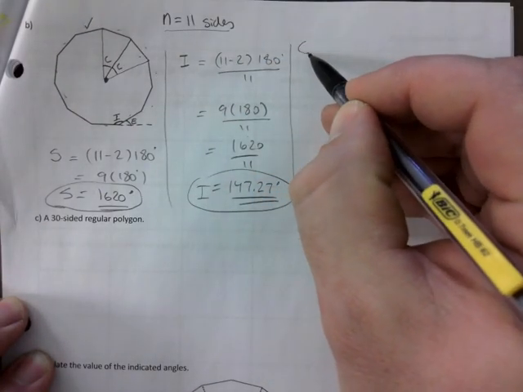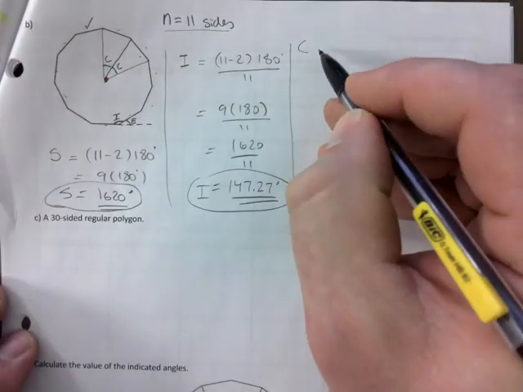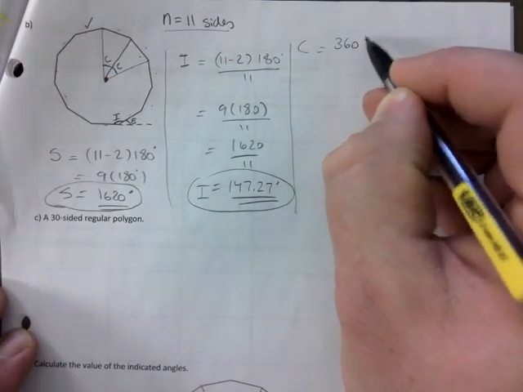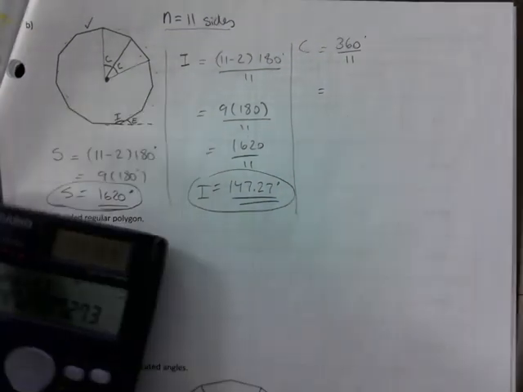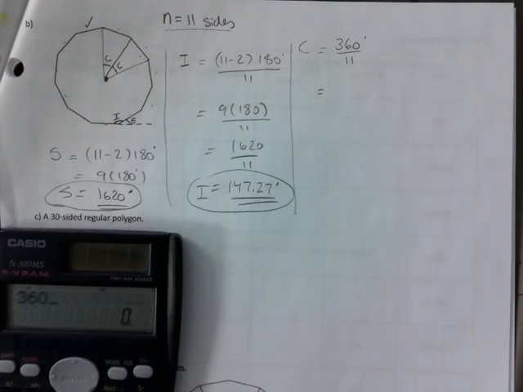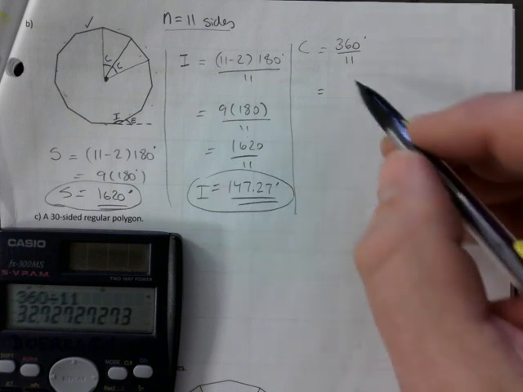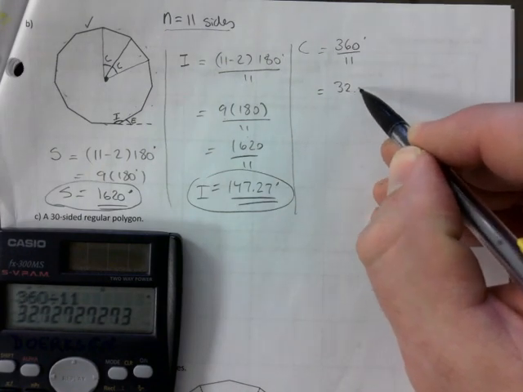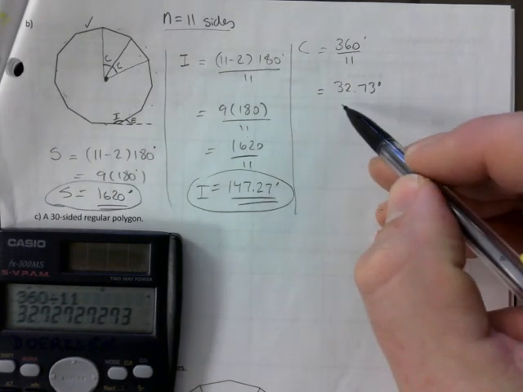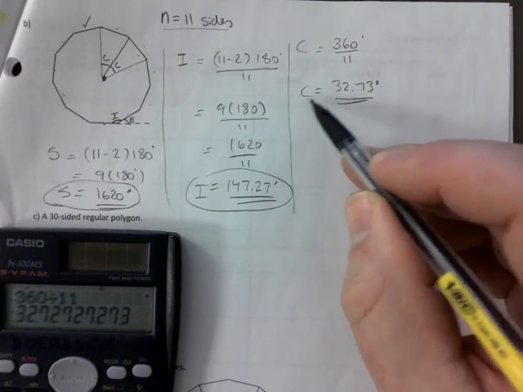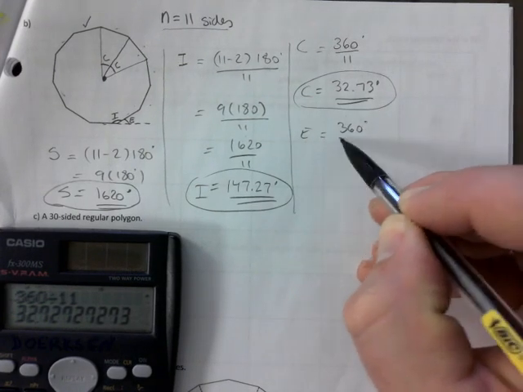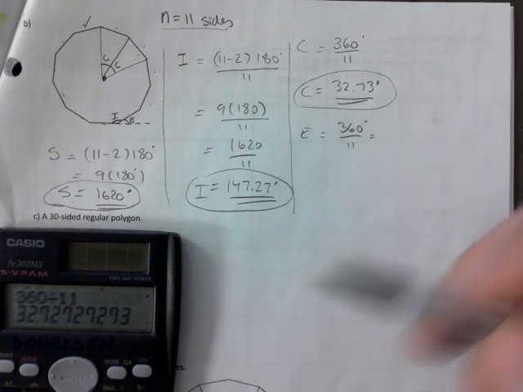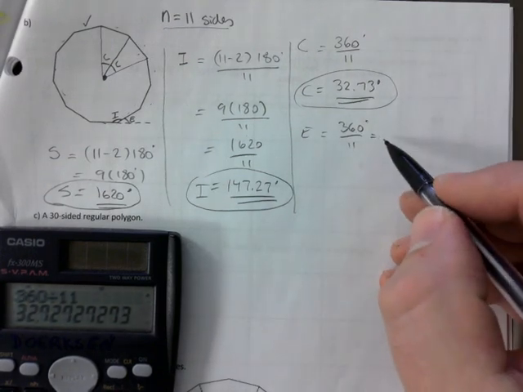For central angle, this one central angle, you just take 360 divided by 11. 32.73 degrees. That's central. Exterior is the exact same thing. The exterior angles always add up to 360 as well.